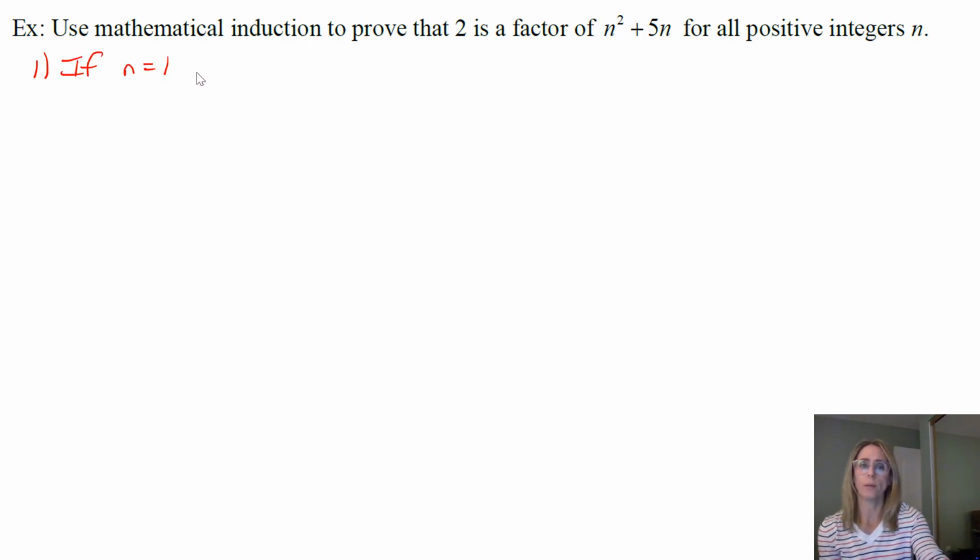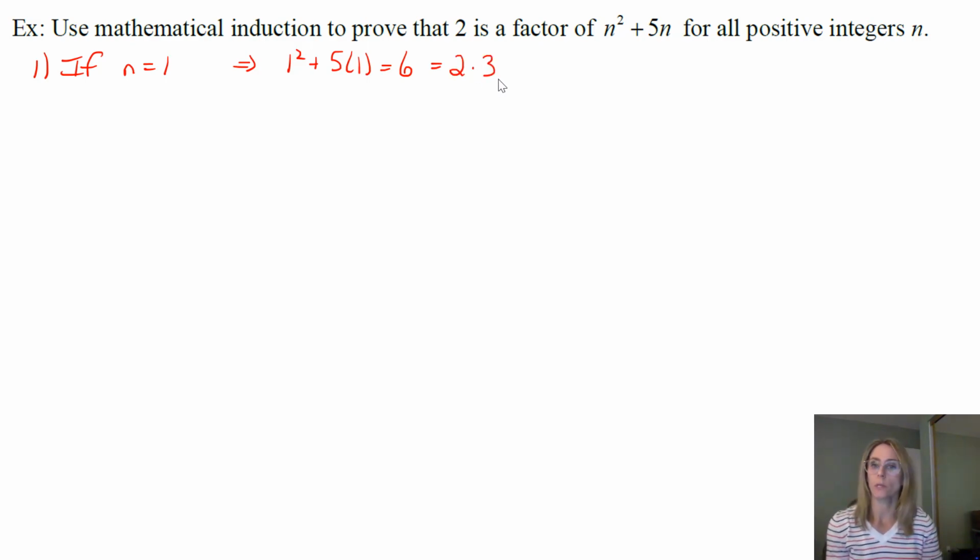So if n equals 1, then we have 1 squared plus 5 times 1, and that is 6. And we know that 6 is 2 times 3, which tells us that 2 is a factor of 6 and proves just that n equals 1 works. So we have that.